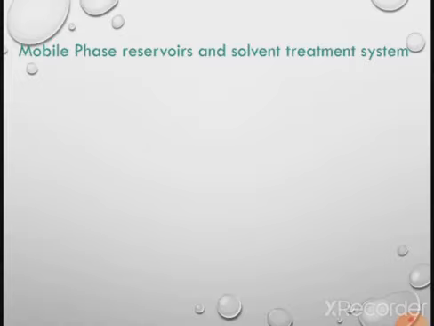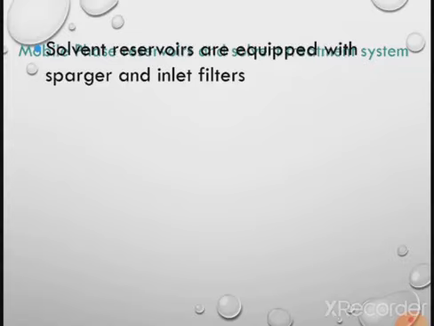Now the next topic is the mobile phase reservoir and solvent treatment. The solvent reservoirs are equipped with a sparger and inlet filter. That means the mobile phase we are using should be free from air, and that's why we sparge the mobile phase with inert gases so that the oxidizing gases are displaced from it.